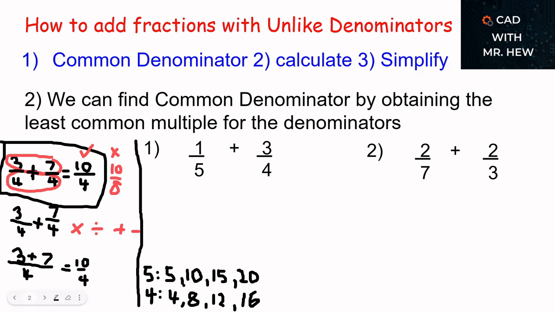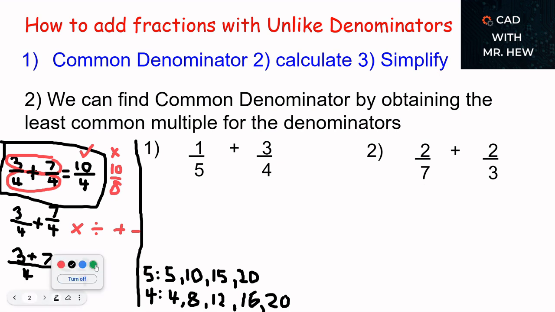So since we have written 4 multiples for 5, and 5 has the highest number so far, meaning it has 20, and the highest multiple for 4 is 16, we're going to add some more multiples for 4 until we get the least common multiple. So 4 fours is 16, 5 fours is 20. All right, so this would be our least common multiple, right?